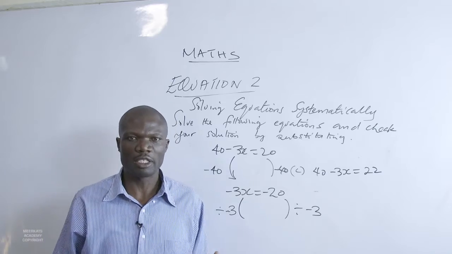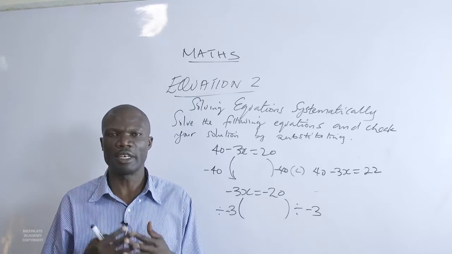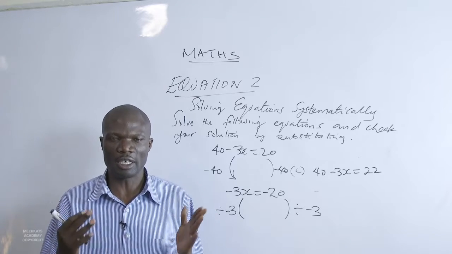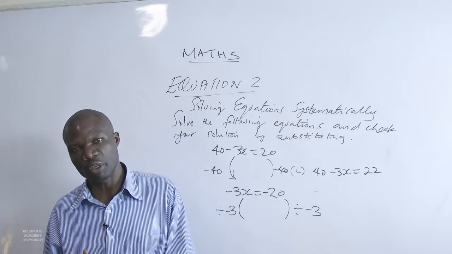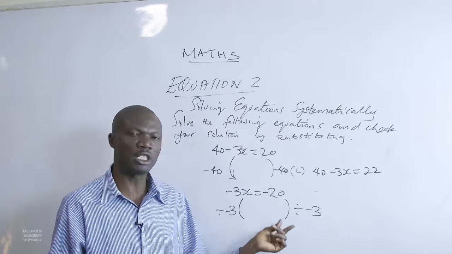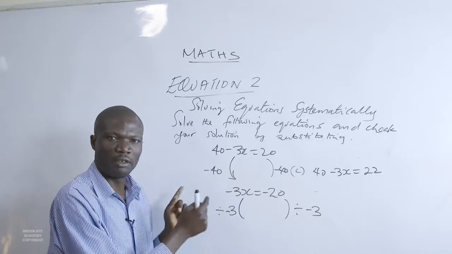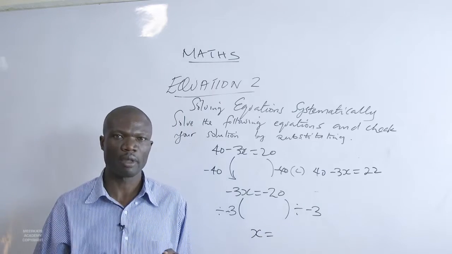In our previous lessons about dividing negative integers, we said if we are dividing integers that have like signs, both of them negative or both of them positive, they should give us a solution that is positive. So minus 3x divided by minus 3 will give us positive x.